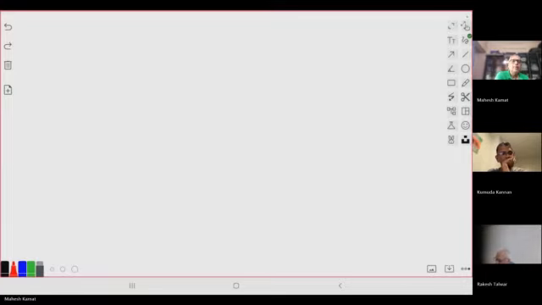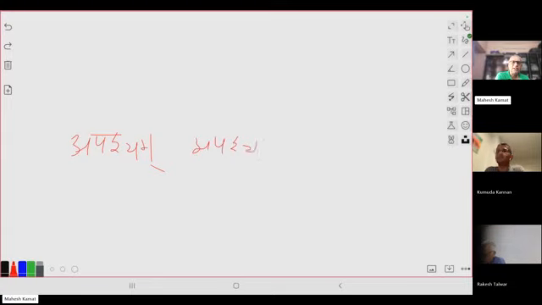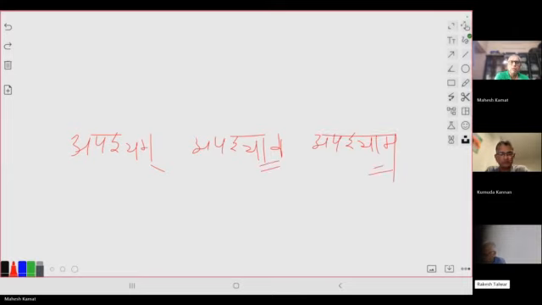Apashyam, apashyava, apashyama. Correct, na? For Uttama Purusha, ama. Good.